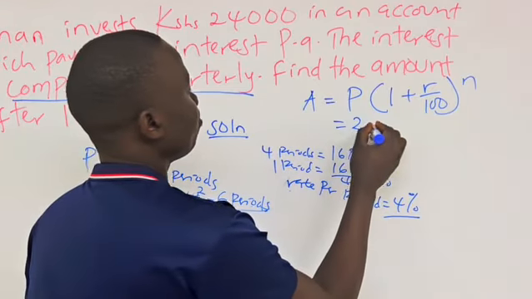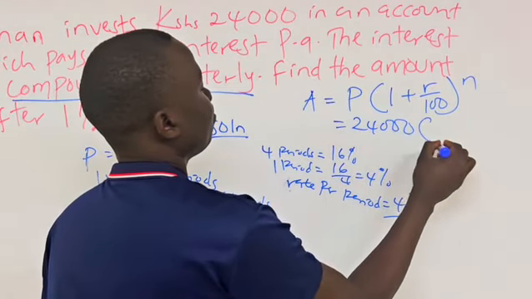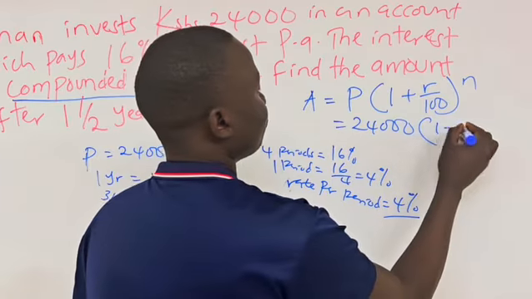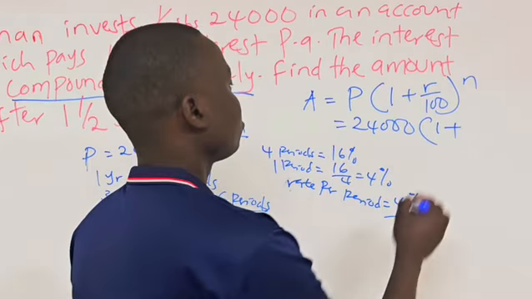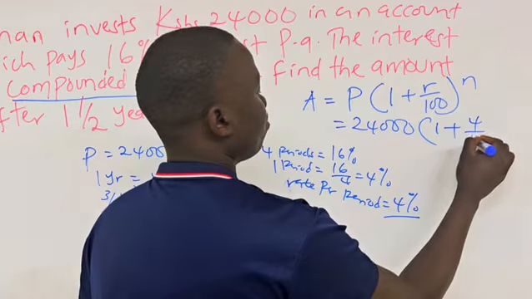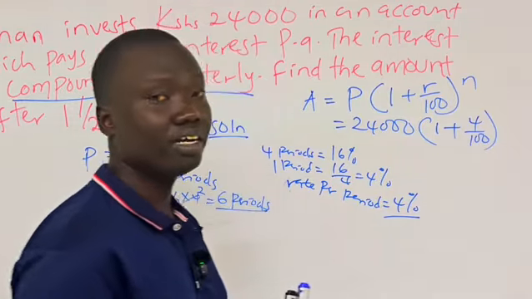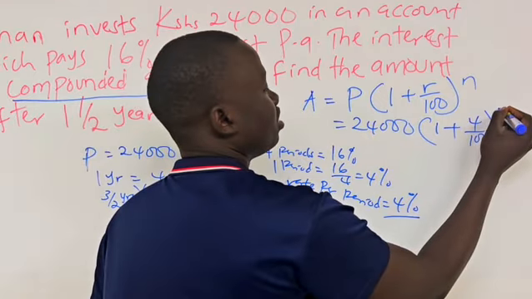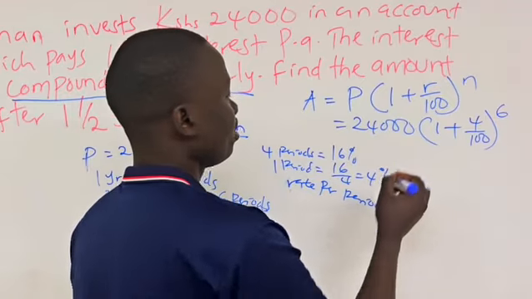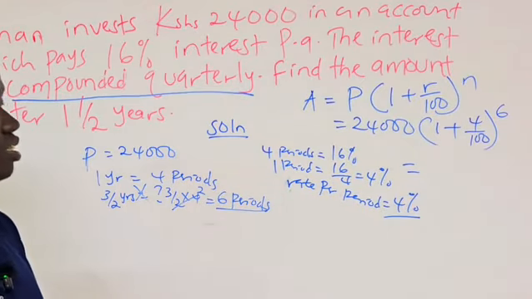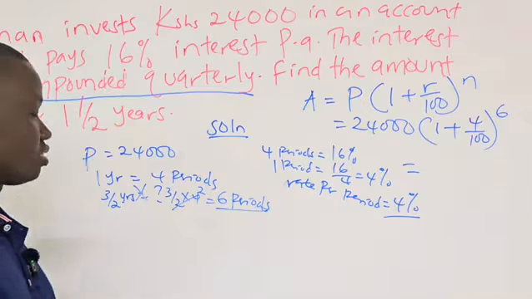Our principal is 24,000. Open bracket, 1 plus r out of 100, where r is 4 per period, raised to power n, which is the total number of periods. Now take your calculator and calculate this.